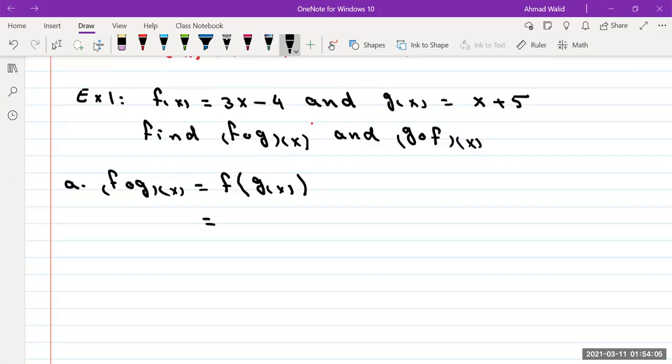Let me rewrite the functions to make it easier for you. Your f of x is 3x minus 4, right? Your g of x is x plus 5.